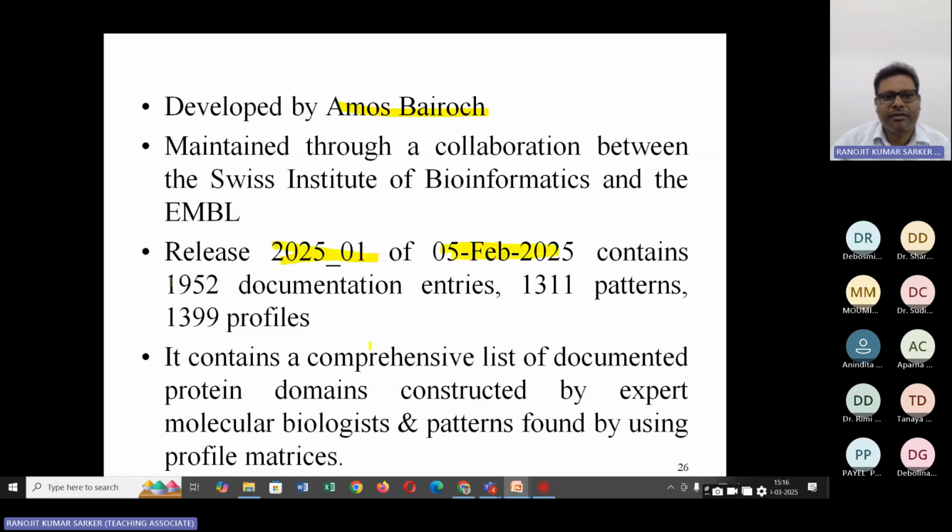It contains 1952 documentation entries, 1311 patterns, and 1399 profiles. These are maintained by the Swiss Institute of Bioinformatics and EMBL. Switzerland and the European Union are both funding this project.